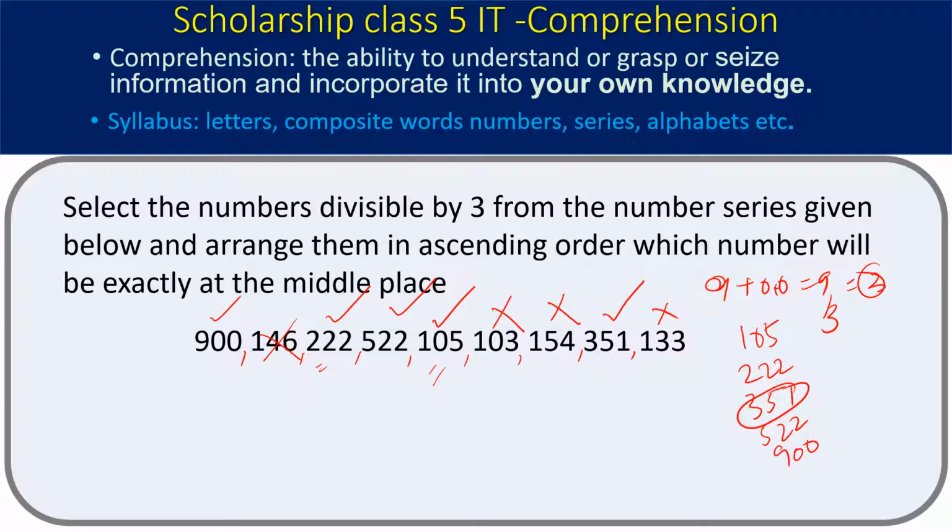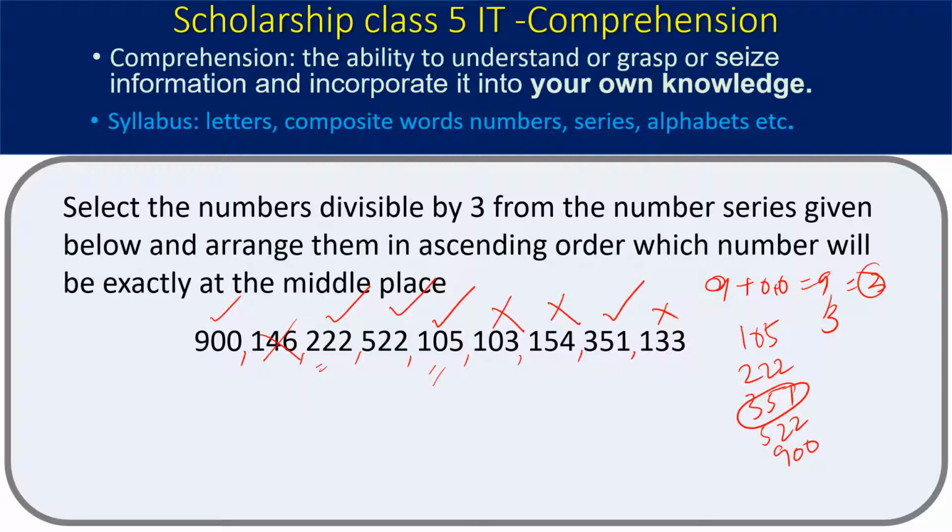Correct? But you will not spend time on totaling, dividing, then writing in order. No. You will do it fast, using your fingers on the paper, not a pen. 146 is not there, 154 is not there, 133 is not there, forget about it. 900 is the highest, the lowest is 105, remove both.